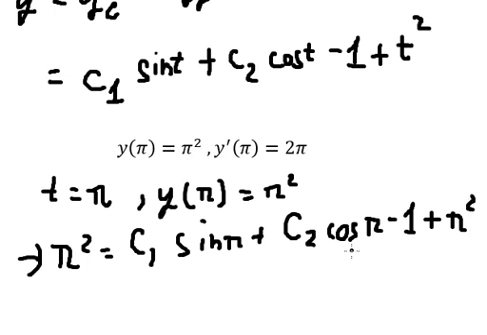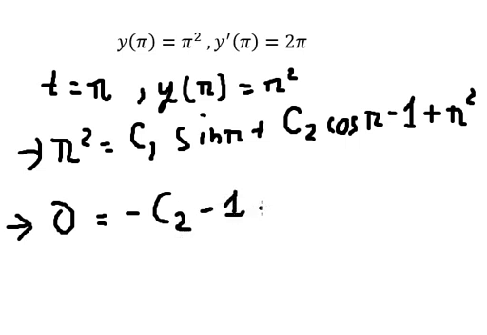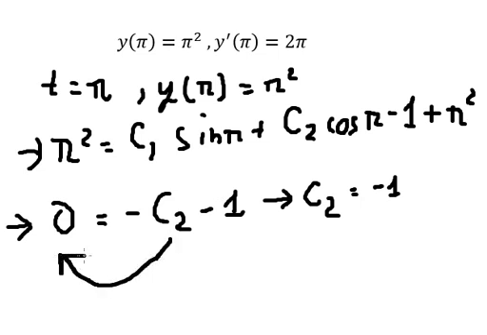Cosine pi is negative 1, and this one we have 0. Now pi squared and pi squared cancel on both sides. So we have negative c2 equals negative 1, and now we can find the value of c2: that is 1.